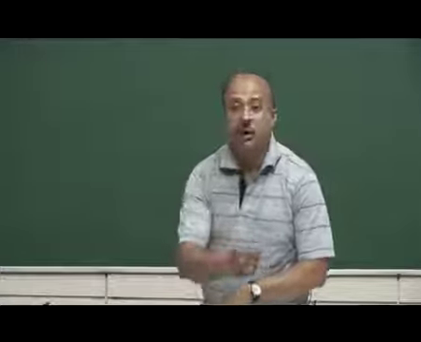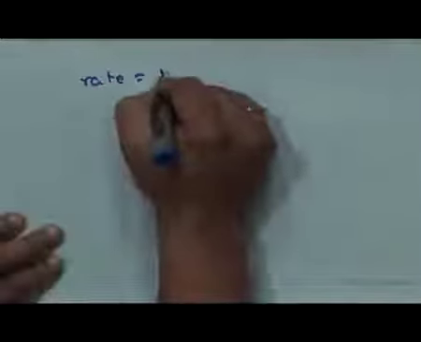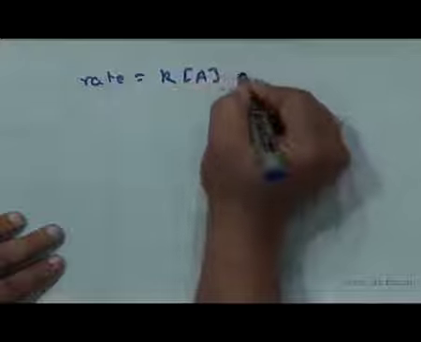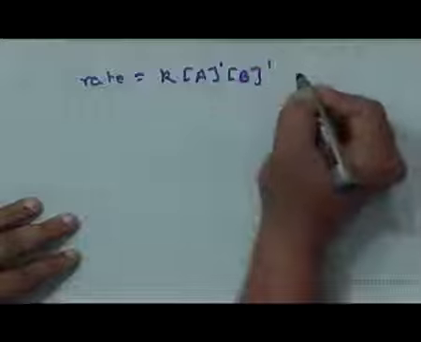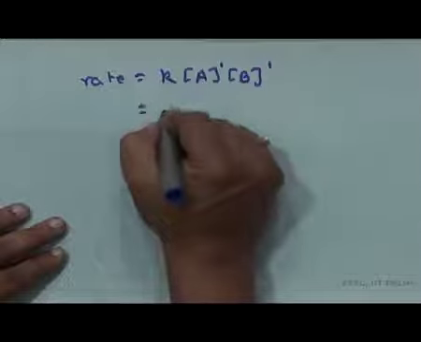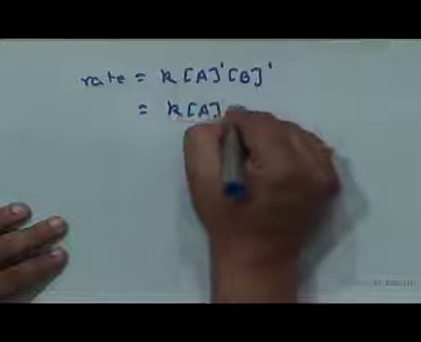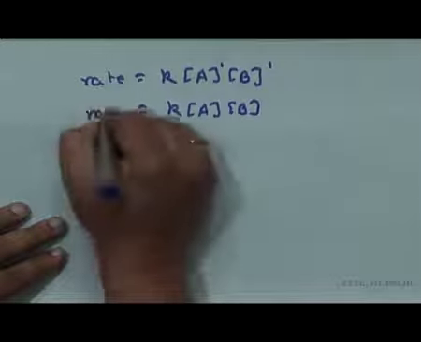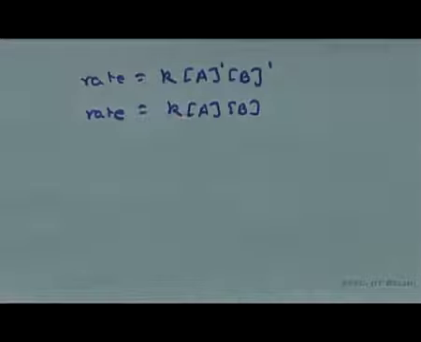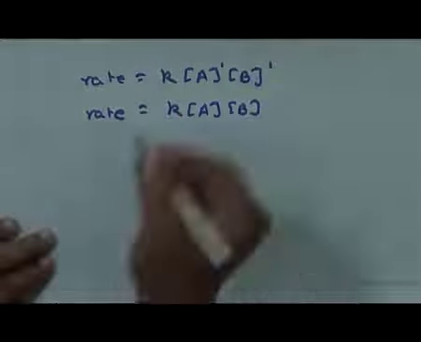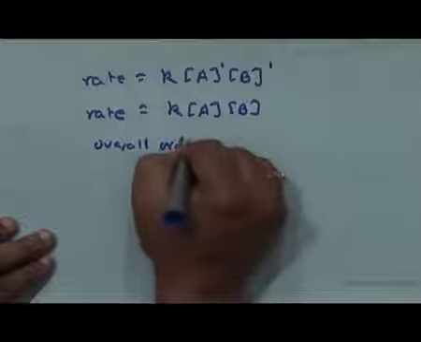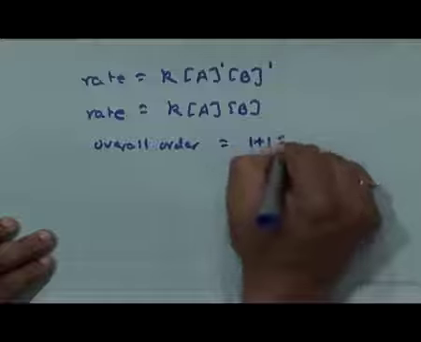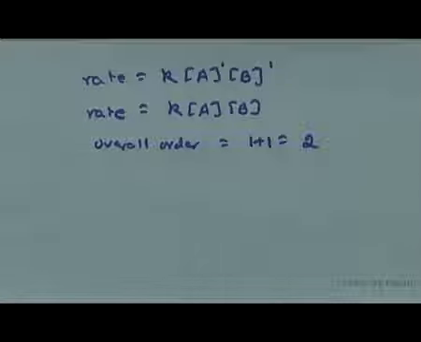So, based on our previous discussions, I can write the rate of the reaction is equal to K times concentration of A raised to the power 1 times concentration of B raised to the power 1, both being first order. So, you can write rate equals K[A][B]. Okay. Though it was not asked, the overall or total order is 1 plus 1 equal to 2, right.